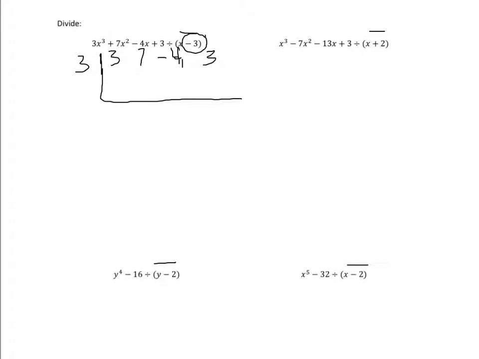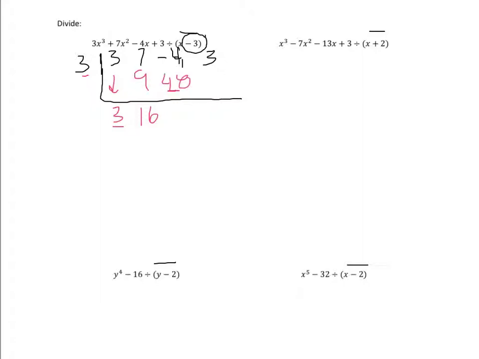So first thing we do is we bring this down. So bring our 3 down, so that's 3. Now to get this next entry, we have 3 times our 3 here. That gives us our 9. Now we add 7 and 9 is 16. Okay. So now at this point, to get our next entry up here, we're going to multiply 3 times 16 is 48.